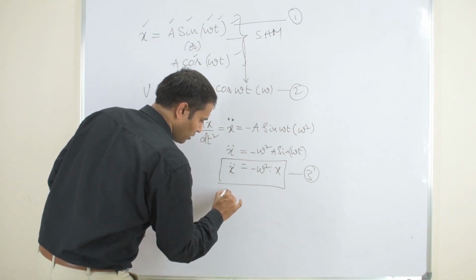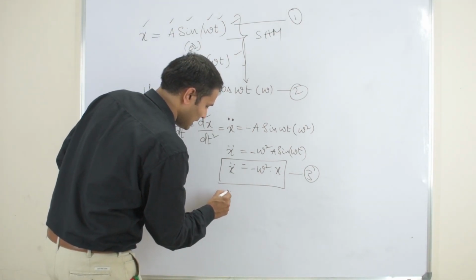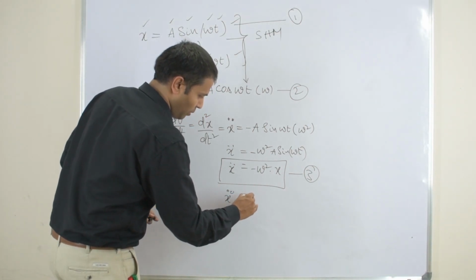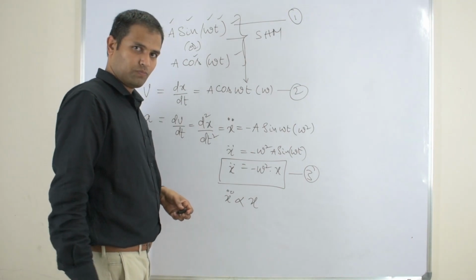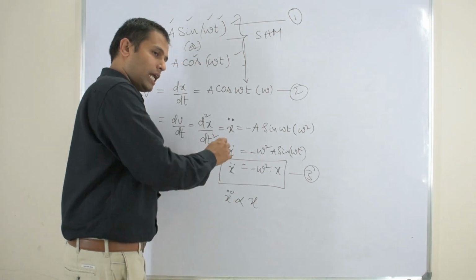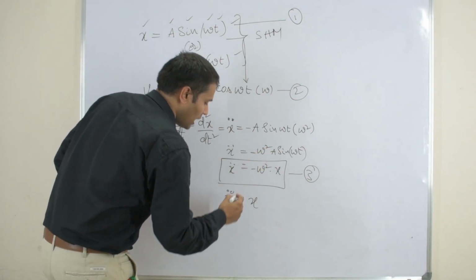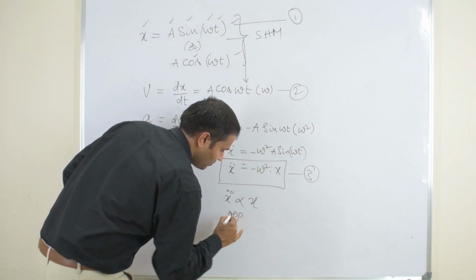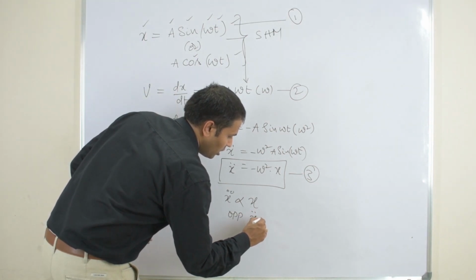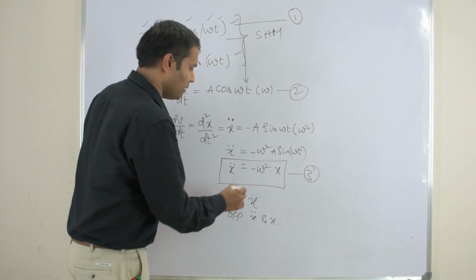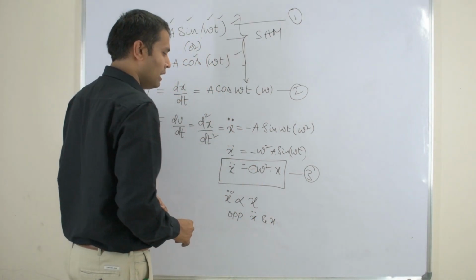Always in simple harmonic motion, your acceleration is proportional to the displacement. Always your acceleration and the displacement are opposite in nature, x double dot and x. Why? Because you have a negative sign.